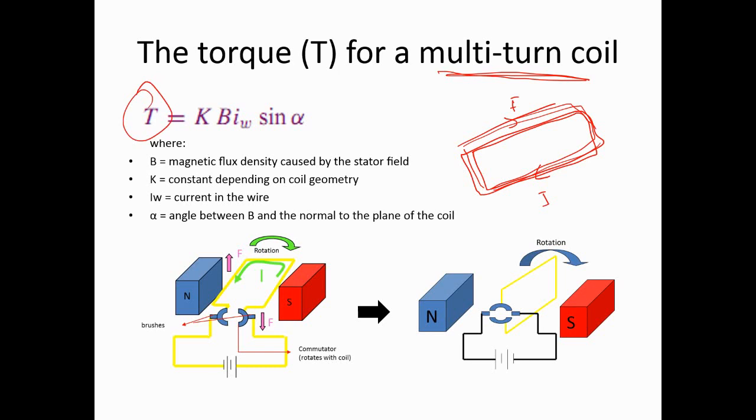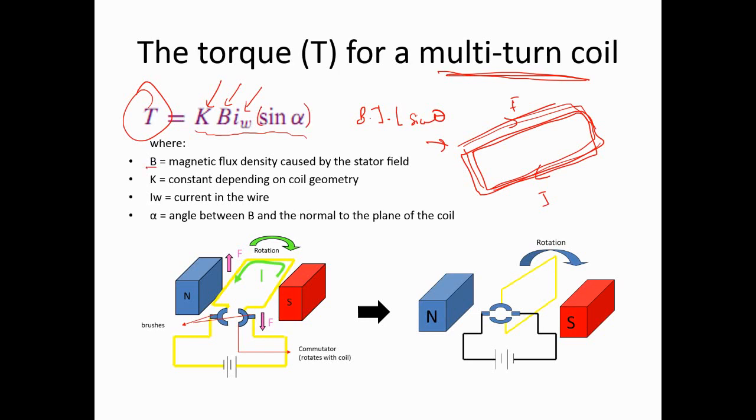We will create a certain level of torque. And the equation resembles the one that we had just now, B multiplied by I multiplied by L sine theta. But now, instead of B I L sine theta, if we have a coil, then torque equals K multiplied by B, multiplied by I omega, multiplied by sine alpha.